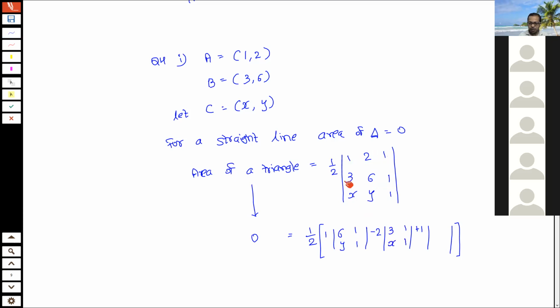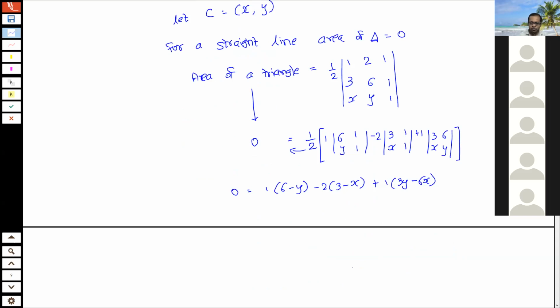And in this position of 1, 3, 6, x, y. Two will come here, so anyway it will become 0. Here it will be 6 minus y. Here it will be 3 minus x. Here it will be 3y minus 6x.